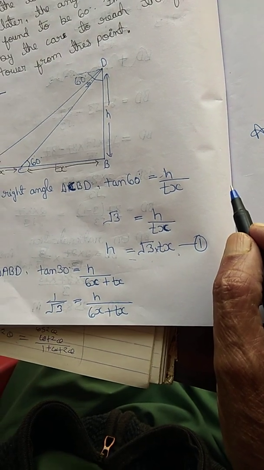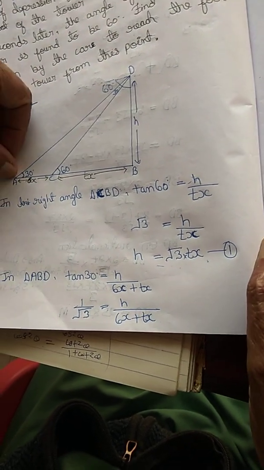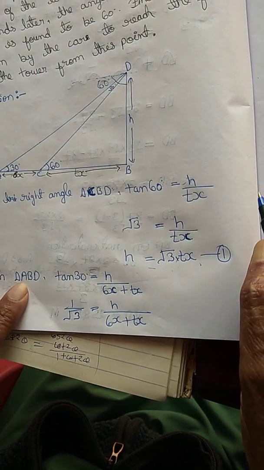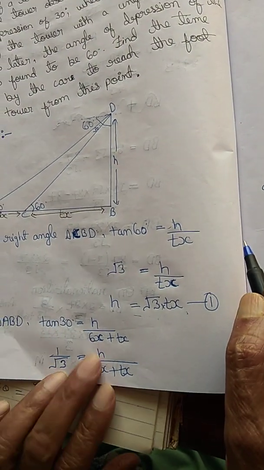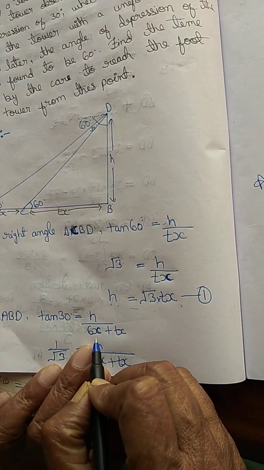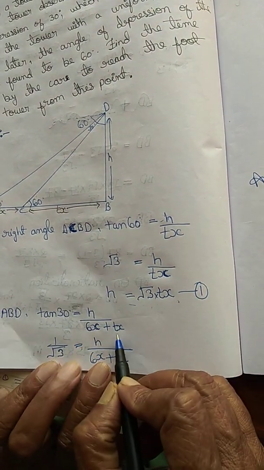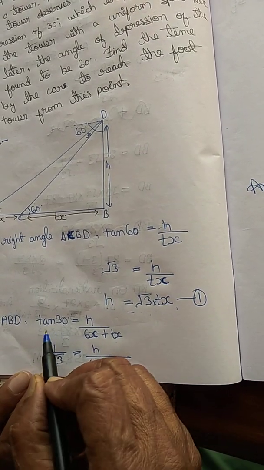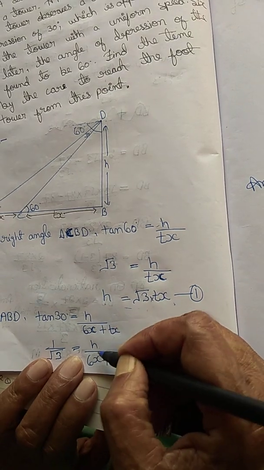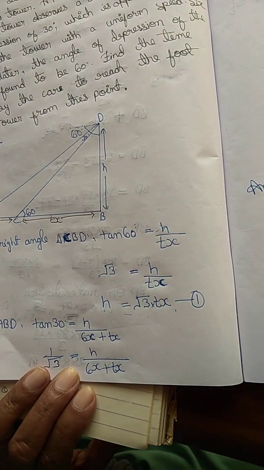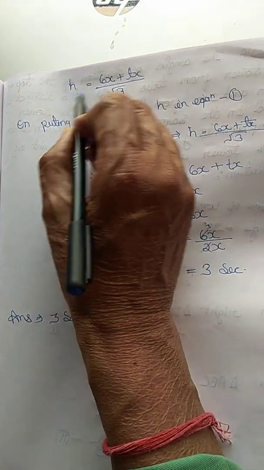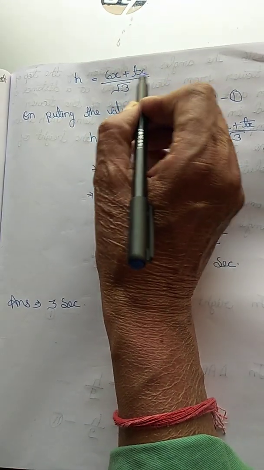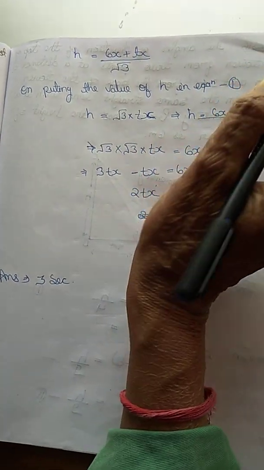Now in the second triangle ABD, tan 30 is equal to H upon 6x plus Tx. Tan 30 is 1 upon root 3. So 1 upon root 3 is H upon 6x plus Tx. Then we get H is equal to 6x plus Tx upon root 3.